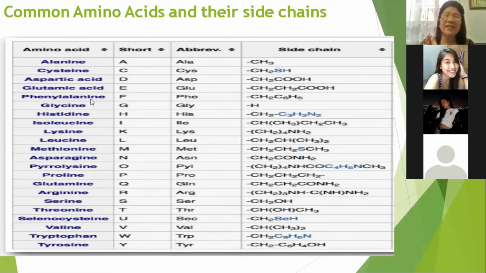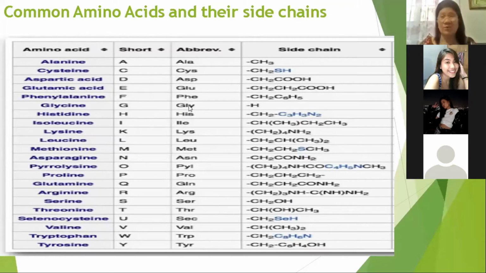Then phenylalanine, it's F, then PHE. Where is the ring, ma'am? This one. This is the phenyl, C6H5. Then the glycine is also one of the simplest forms, even simpler than alanine. Its side chain is only H. So that's glycine, G, then GLY.